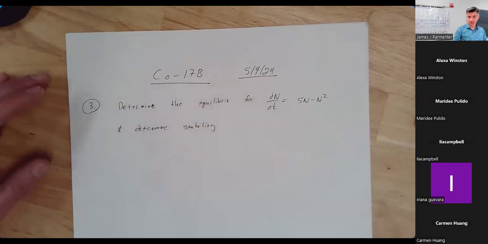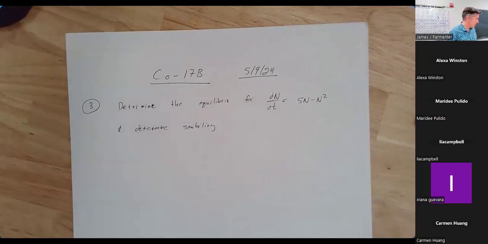Parts A and B say to determine stability using the graphical approach, which is the phase plot, and the analytical approach, which is the stability criteria, where you just find the derivative of the thing and do the thing.